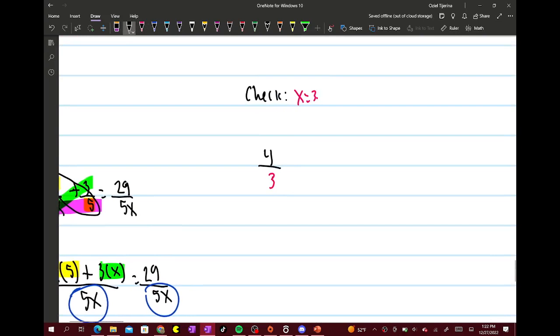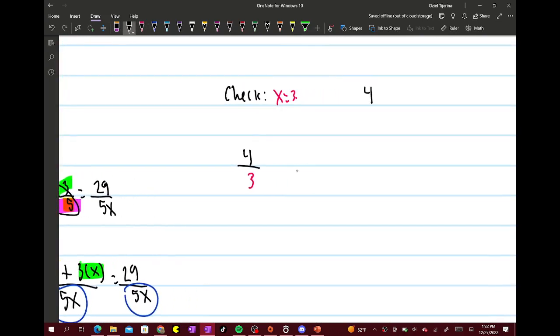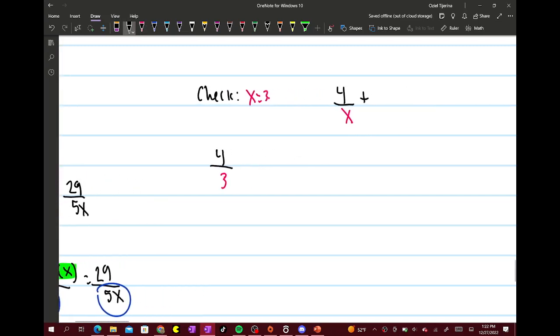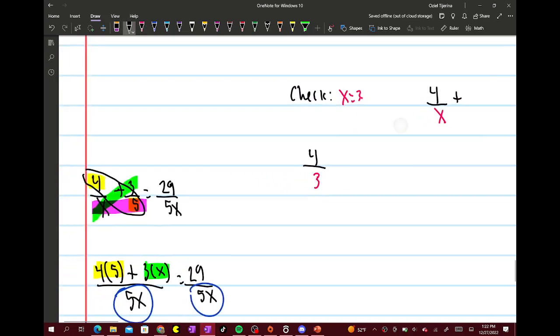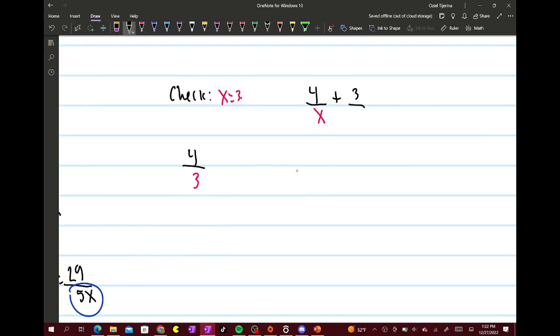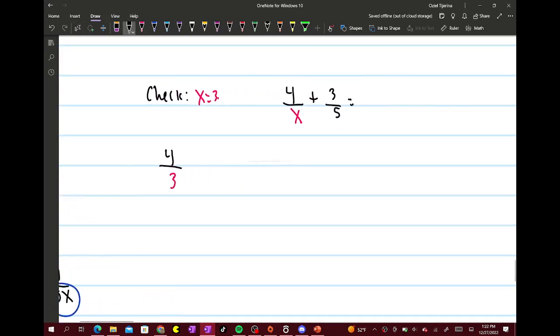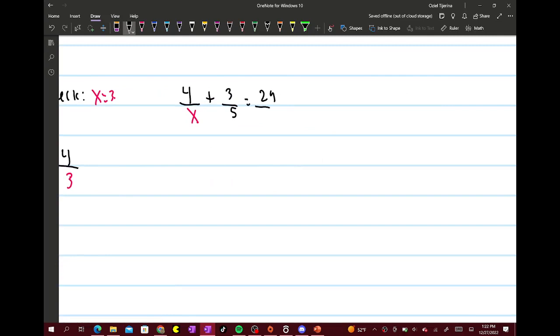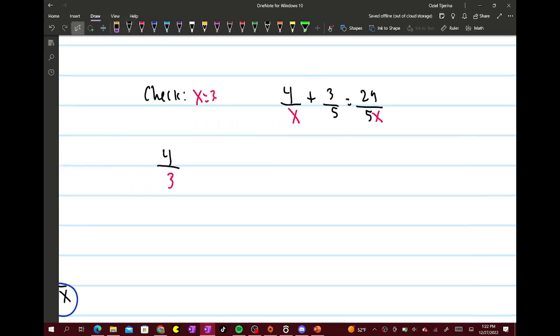And our equation again was 4 over x plus 3/5 is 29 over 5x, right? So then you would do 4 over 3 plus 3 over 5 equals 29 over 5 times 3, right?